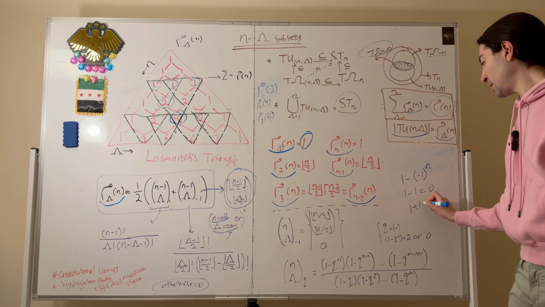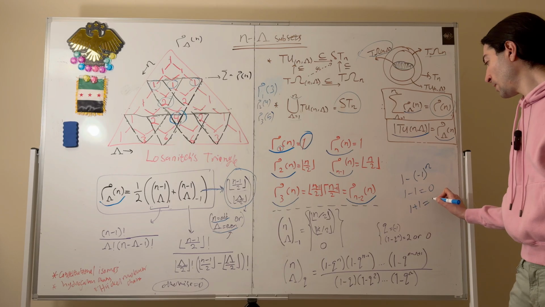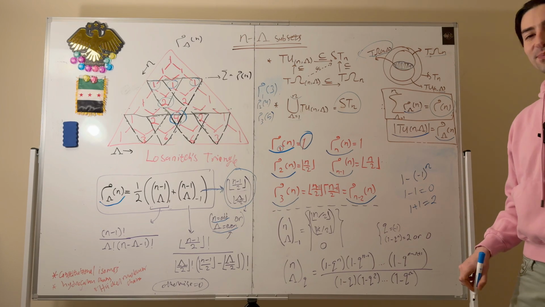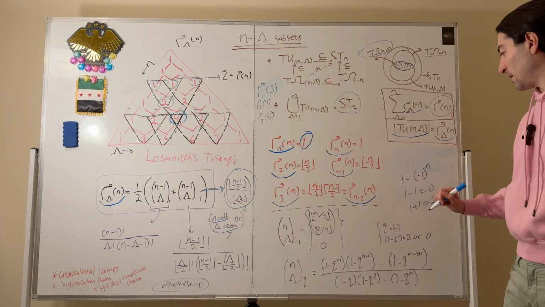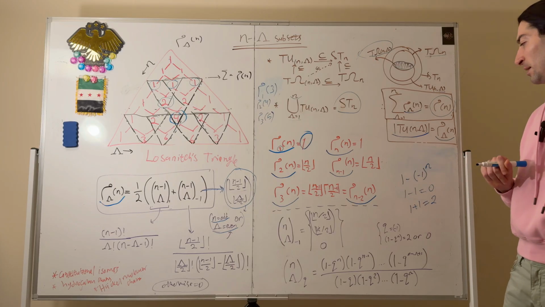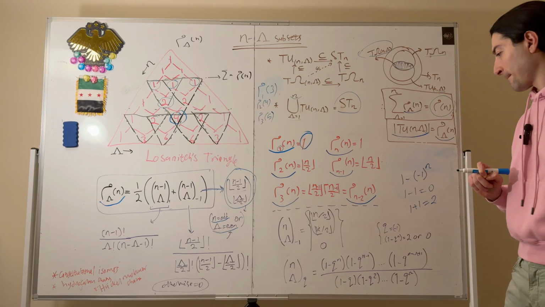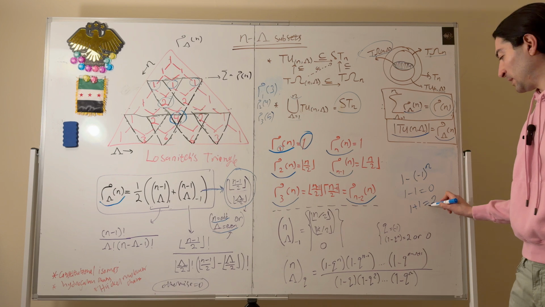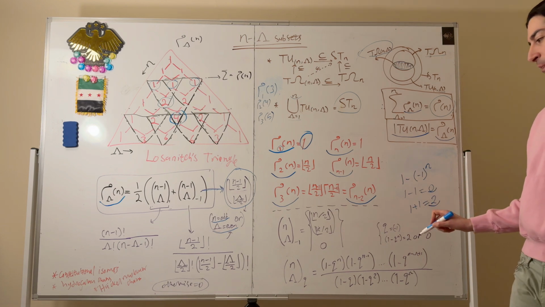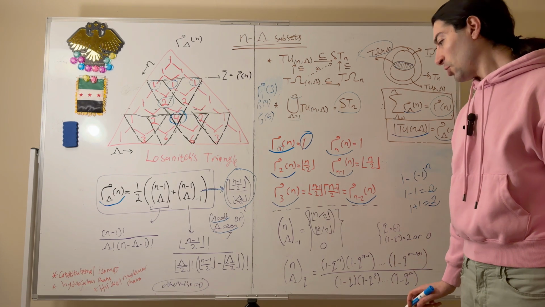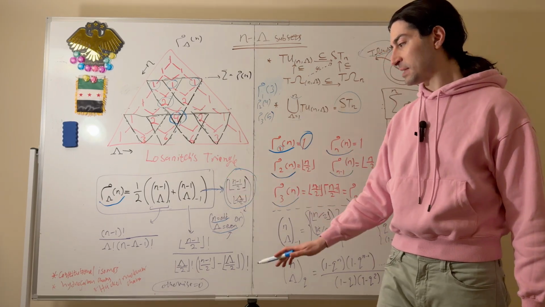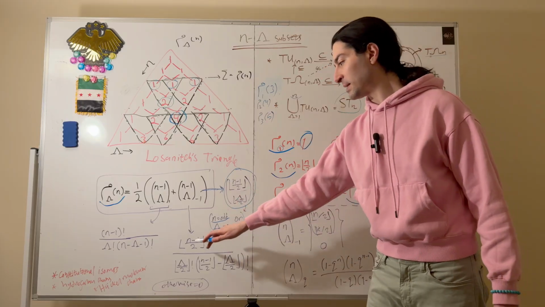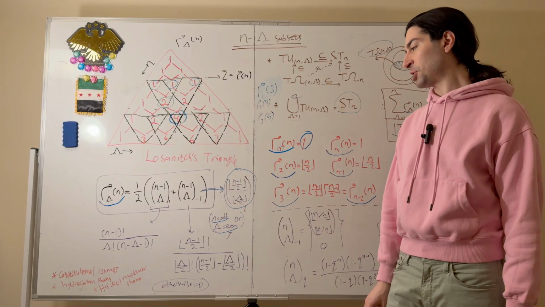So 1 plus 1 is equal to 2. So you only have two possibilities. It's either a 2 or a 0. And that's why we have these results here, where the result of this term is either 0 or it is the factorial expansion we see here.